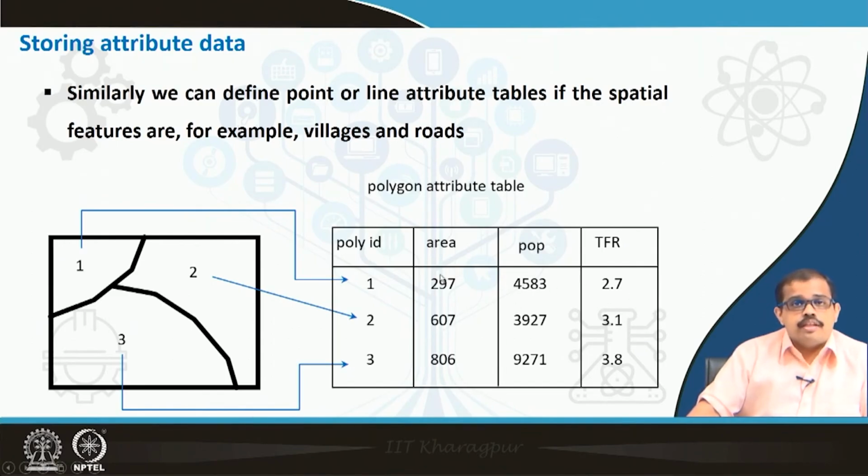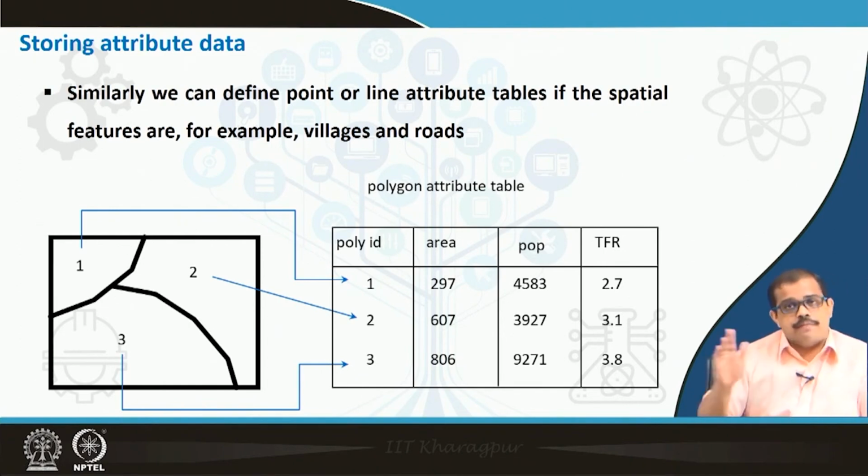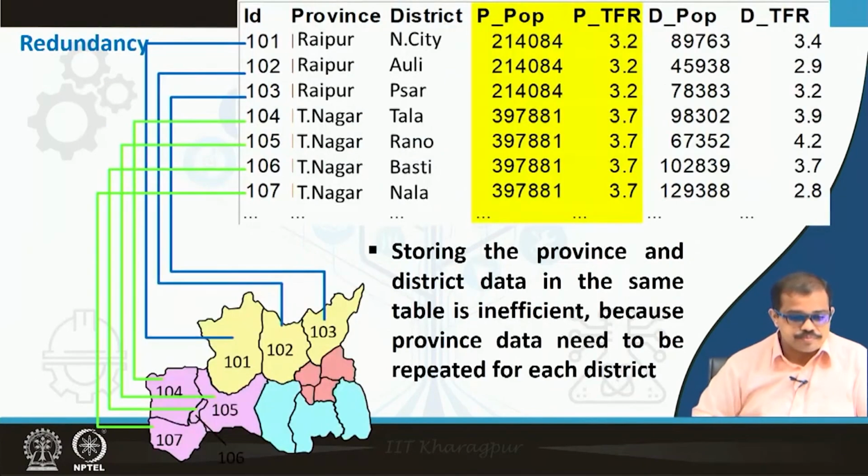This is nothing but my attribute information. The same ID will have the xy locations of this particular polygon, this xy, this xy, and finally this. That gives me the entire information about that polygon. So you have geographical information and attribute information.